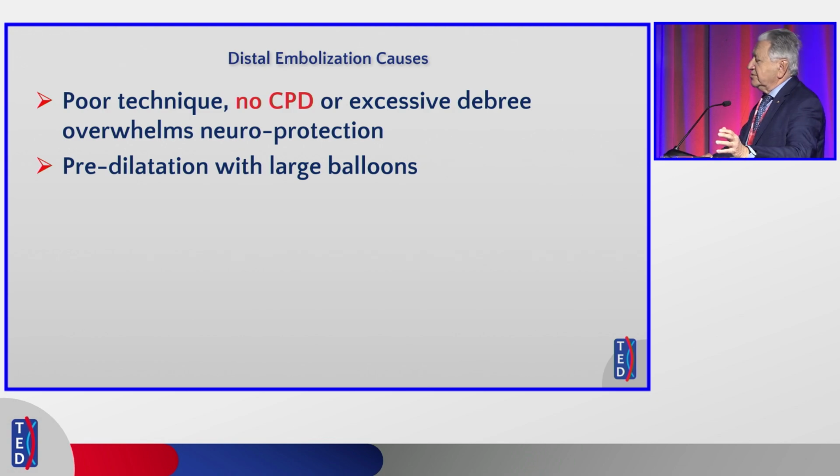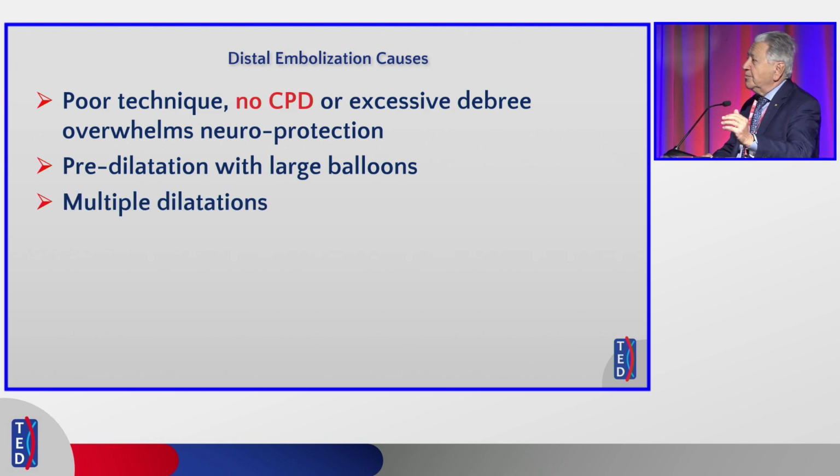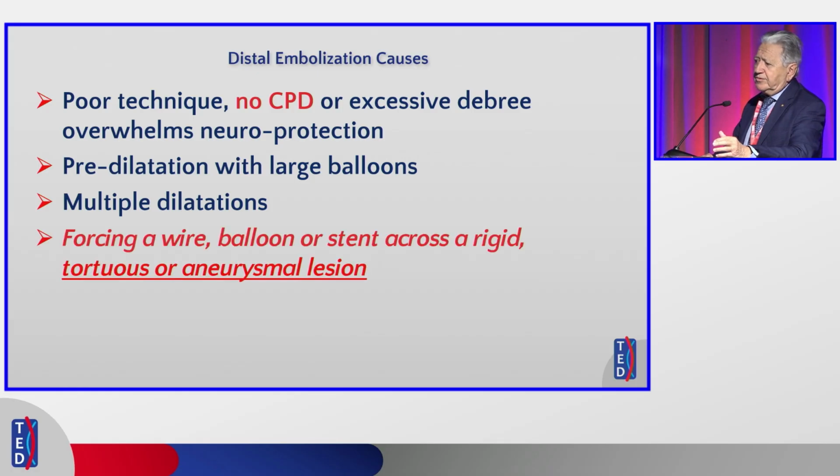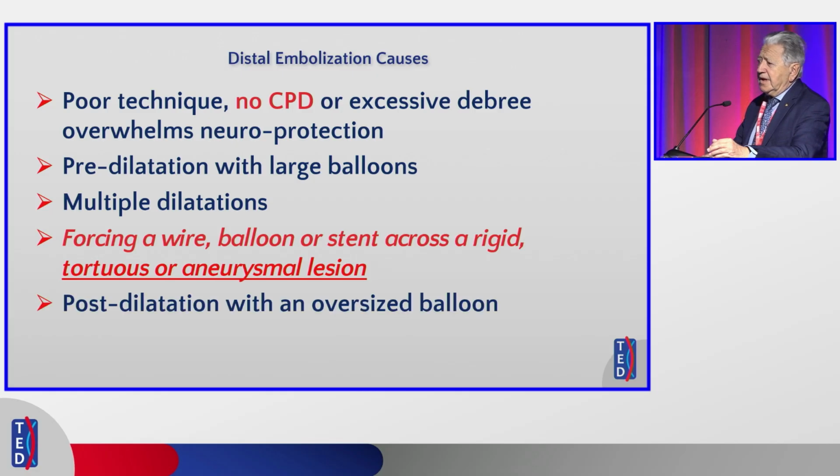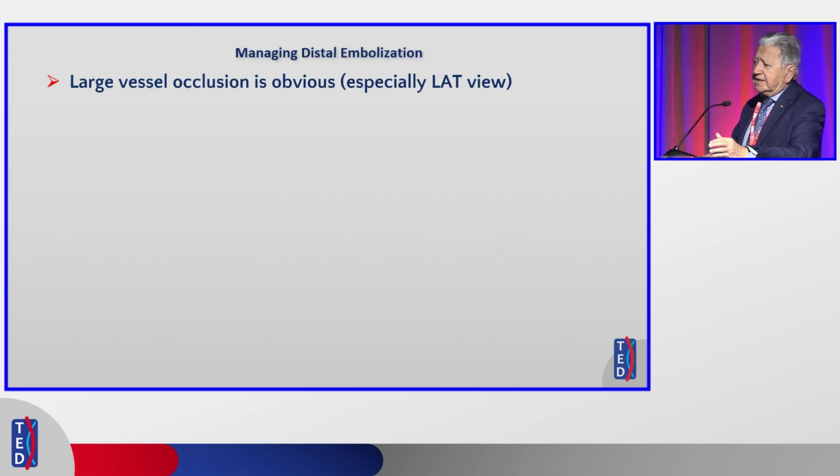Pre-dilatation with large balloons, very aggressive pre-dilatation, multiple dilatations for one reason or the other, and, like in our case, forcing the wire, balloon or stent across a rigid or very tortuous aneurysmal lesion. Post-dilatation with an oversized balloon, as Venki said, he rarely does that.